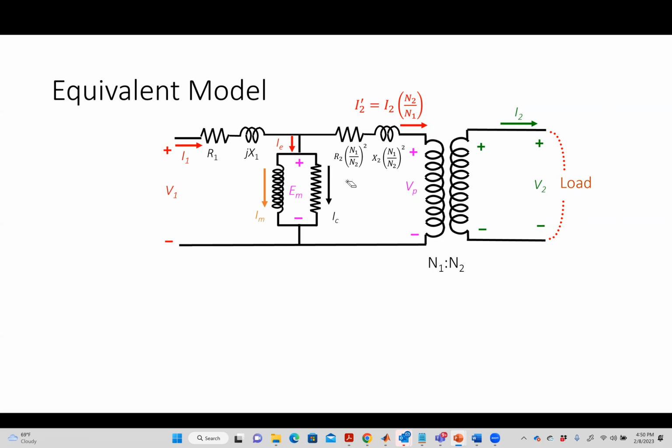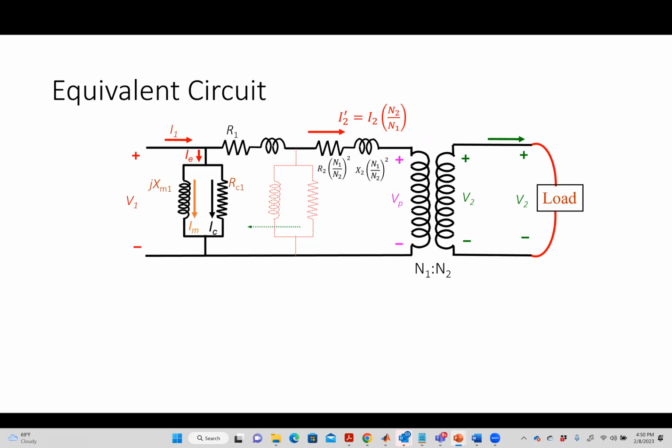Now, again, then we make an approximation. I can make an approximation that I'm going to move that core loss and that magnetizing inductance over.